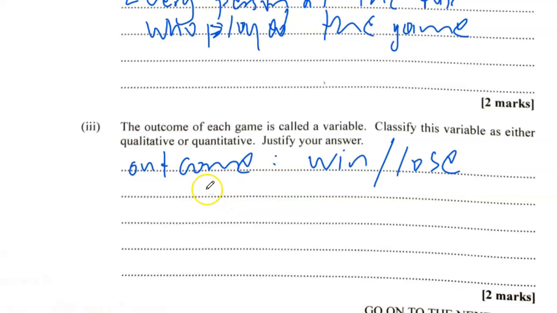So this would be qualitative. So the outcome would be in categories, all right? You either win or you lose. You either get above 50,000 or below 50,000. So that's categorical.